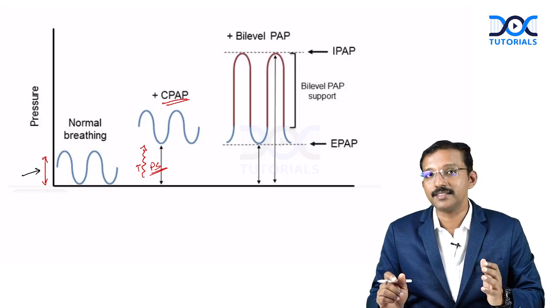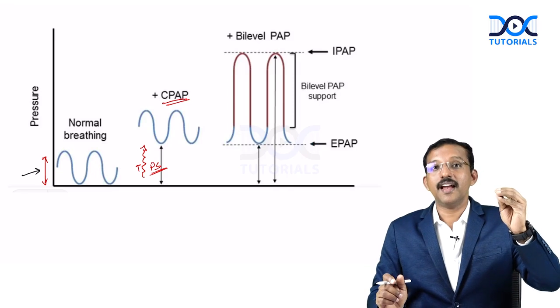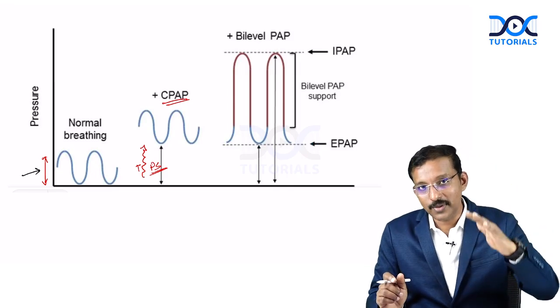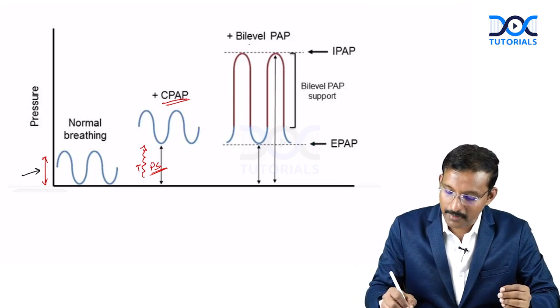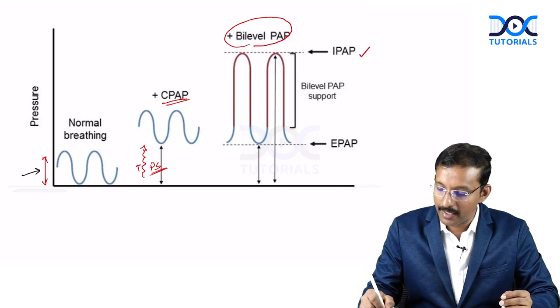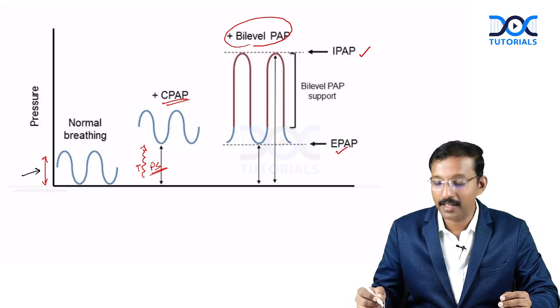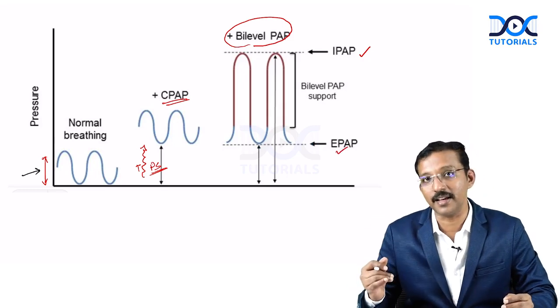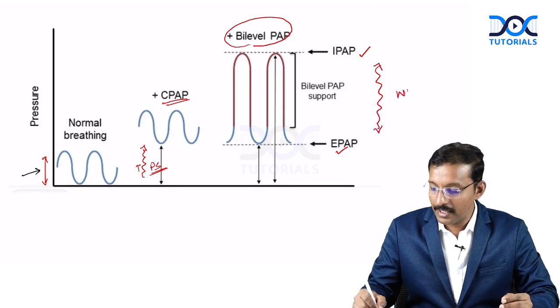So, in these cases, you want the pressure to be up when the patient is inspiring, and when the patient starts expiring, it has to come down. So, you want two levels of pressure, which is essentially the concept of bi-level pressure application. So, we have an inspiratory peak airway pressure when the patient is inspiring, and then an expiratory airway pressure when the patient is expiring. Now you can see the tidal volume has significantly increased. The work of breathing for the patient has also come down.